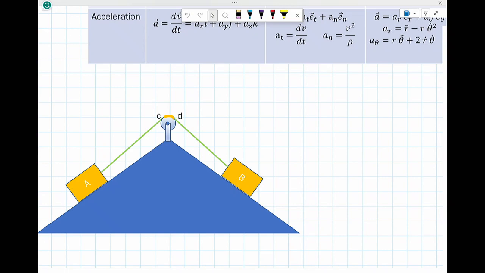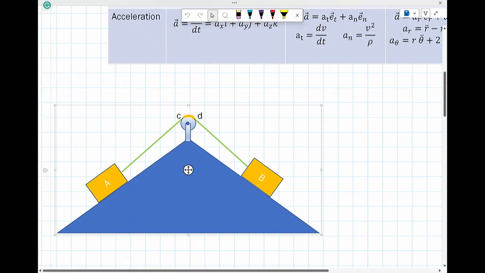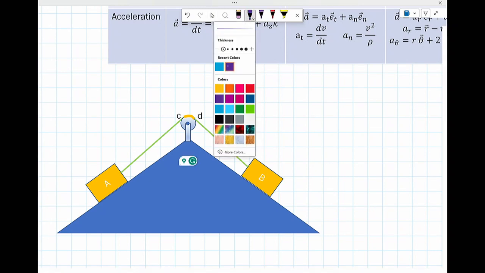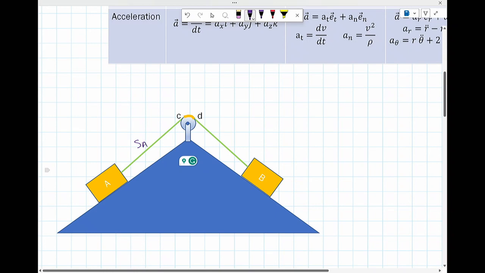It goes around a pulley, and at the pulley there's two points of contact that are of interest, C and D, and then it goes to mass B. And we can write this distance as S sub A and S sub B.